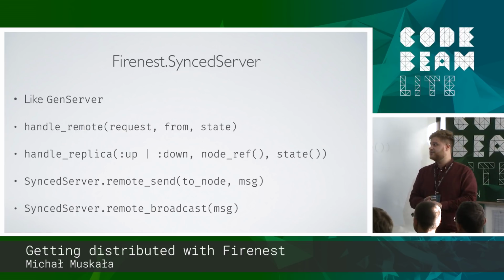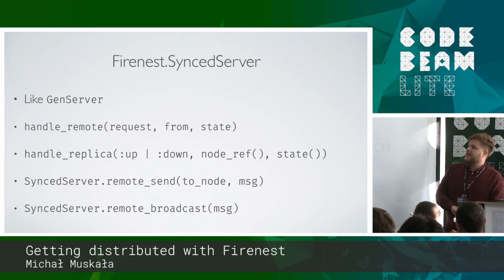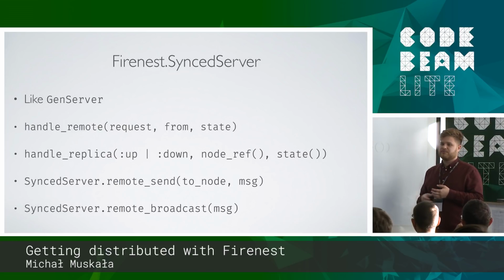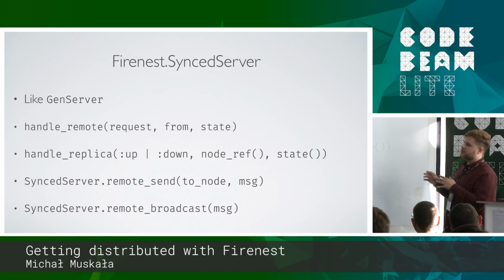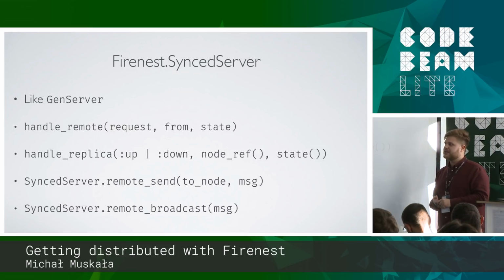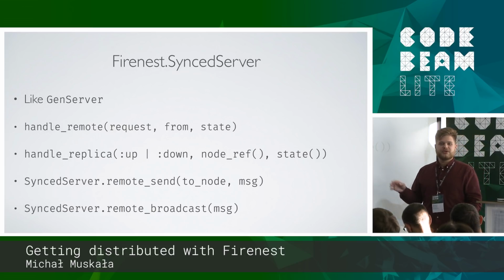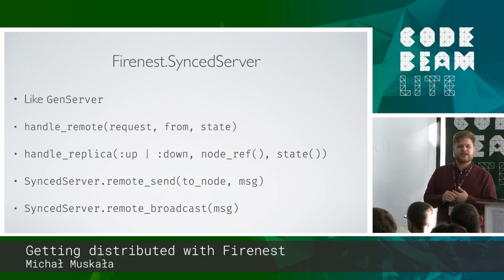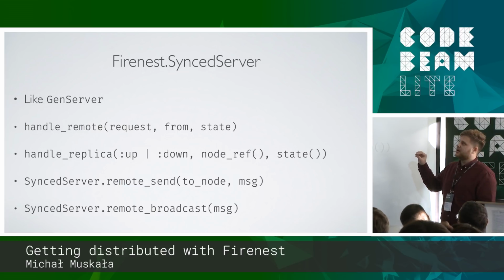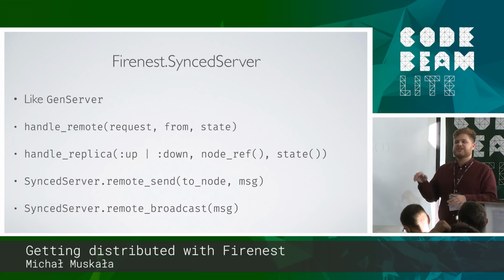So the synced server is something we built on our way to the replicated state, which was our goal from the get-go. The synced server is like a gen server, but with 2 additional callbacks, right? The callbacks are handle remote, when you handle remote requests from another process on another node, and handle replica, when the same process comes up or goes down on another node.